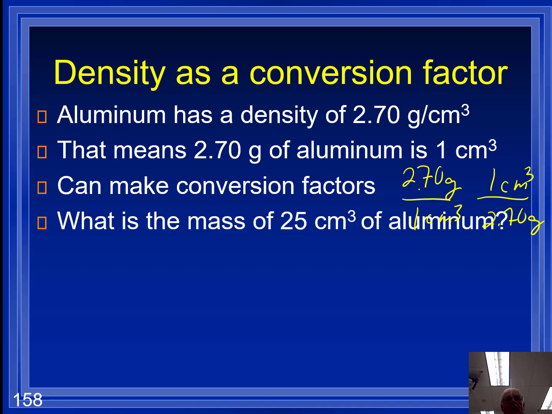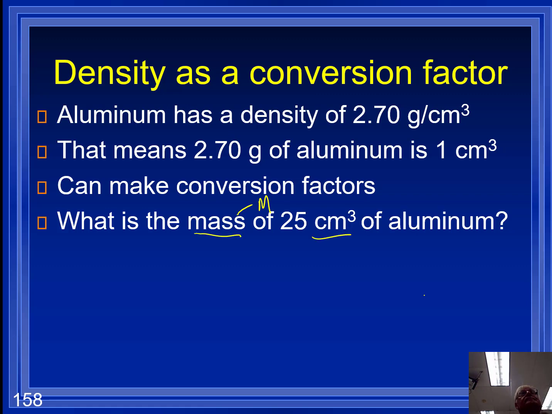Where can we use that? Well, you answered questions like this on the density practice. What's the mass of 25 centimeters cubed of aluminum? The way you did it on the practice, they asked for the mass. They give me centimeters cubed, which is volume.